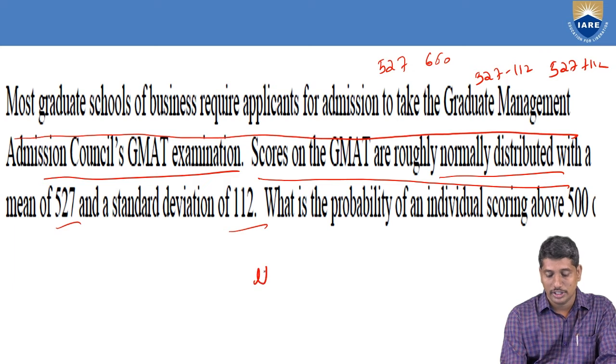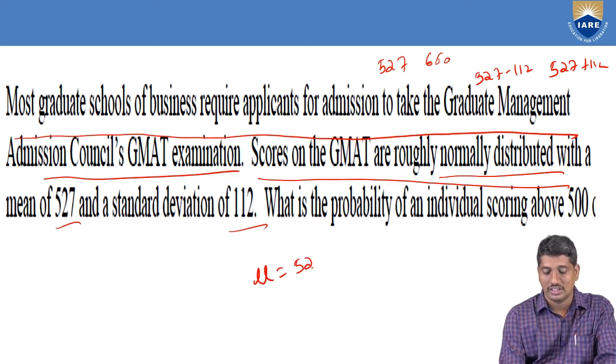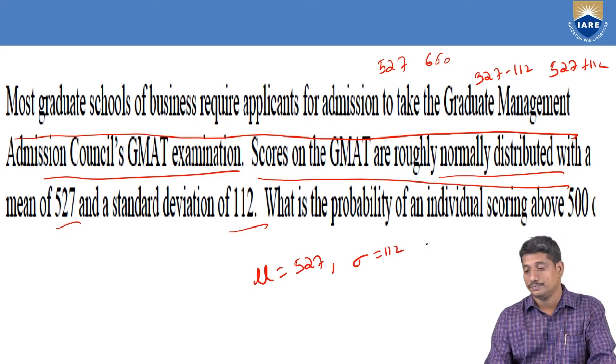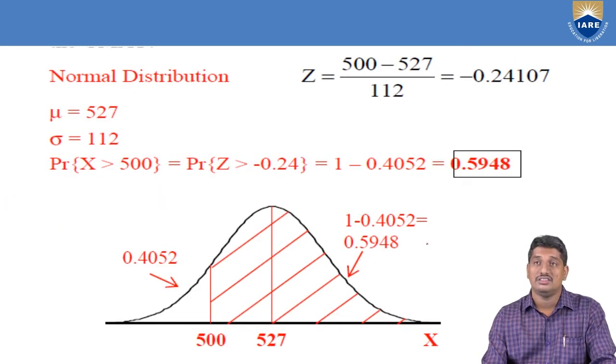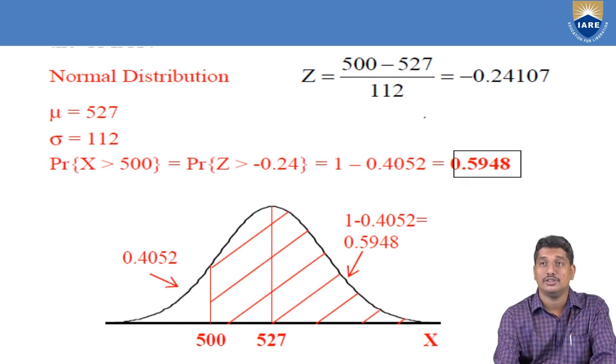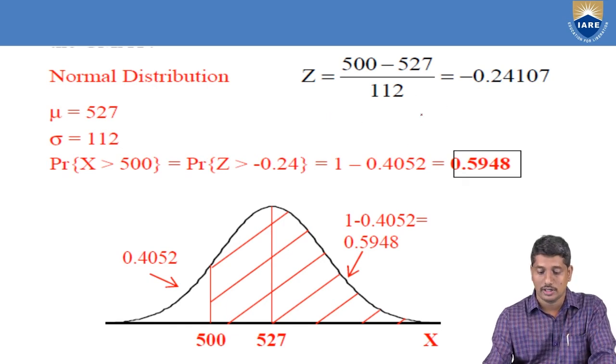So from the data we observed that mu is 527 and sigma is 112. Now with this we are calculating the transformation, because we want to calculate what we are asked to calculate.